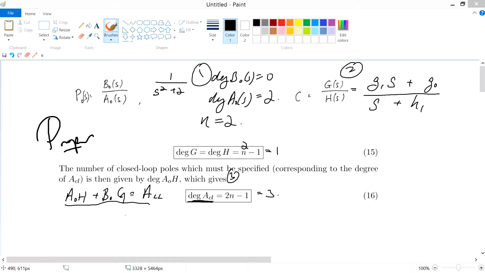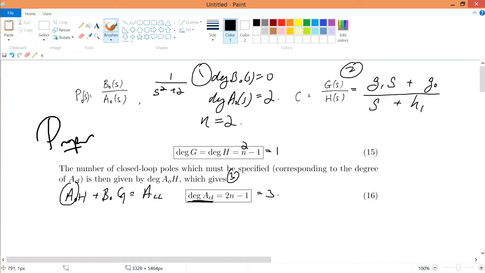Alright, so I'll just simply sub in A naught. A naught is this over here, which is s squared plus 2. So I'll just simply sub in s squared plus 2 over here.